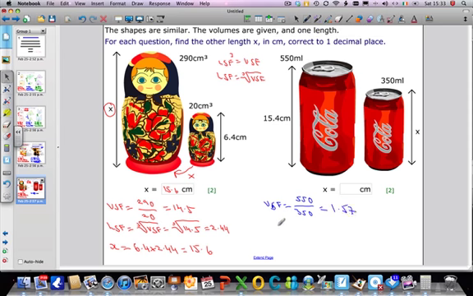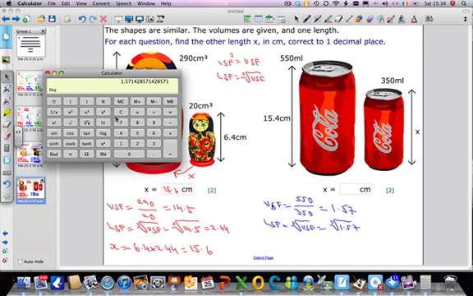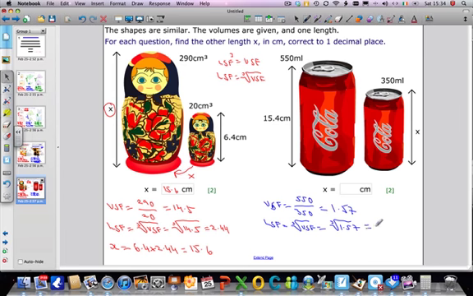That means the linear scale factor must be the cube root of the volume scale factor. So I need the cube root of 1.57, which is roughly 1.16.